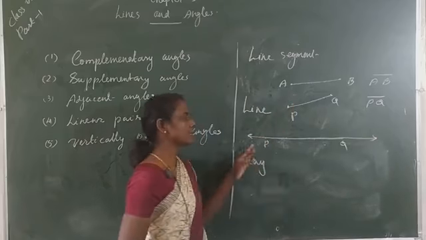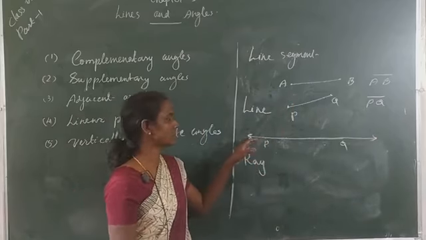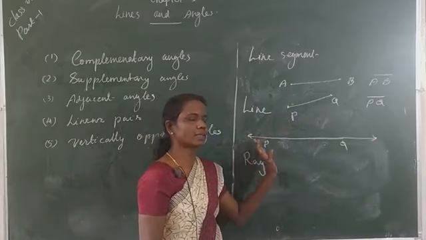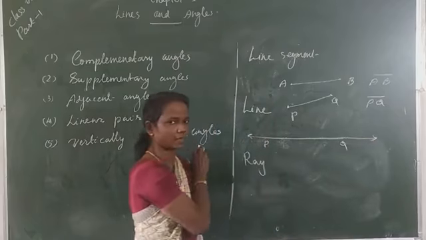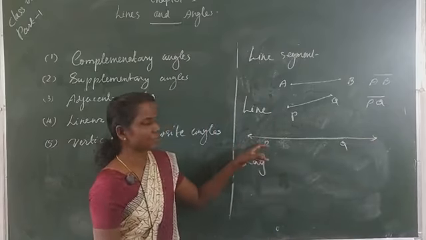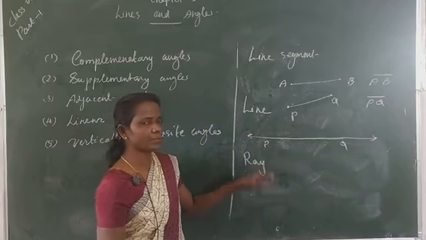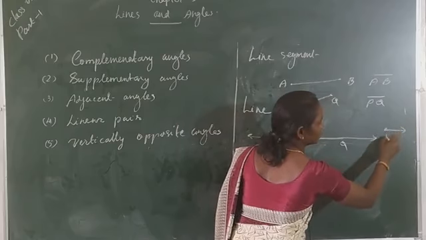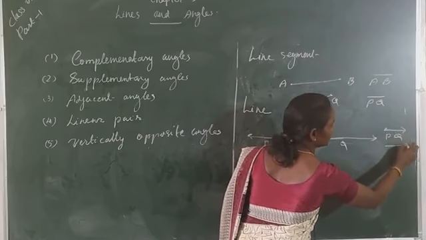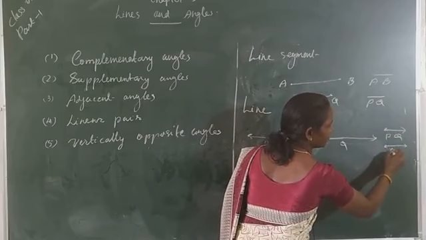Look at line segment PQ. This arrow mark shows non-stop, meaning extending endlessly in this direction and this direction. Then how to represent this? This is line PQ and this is line AB.